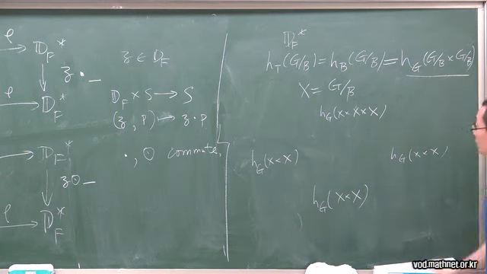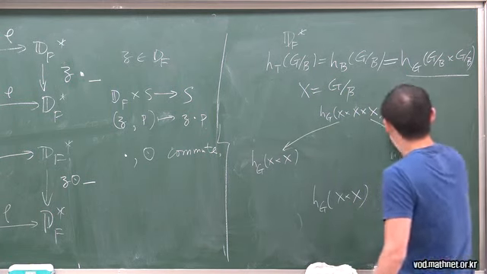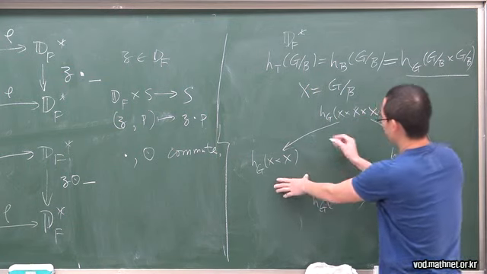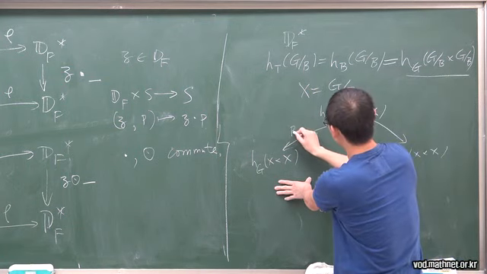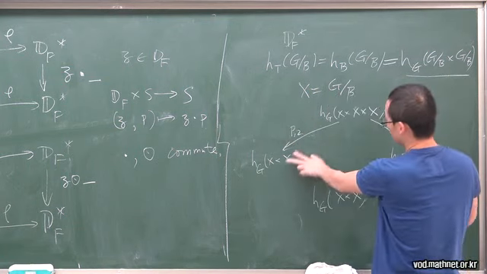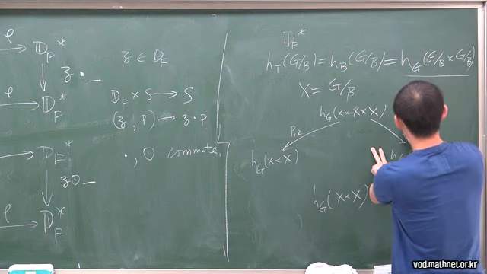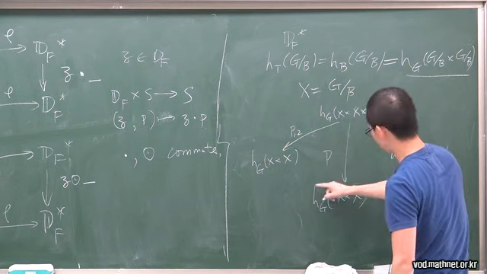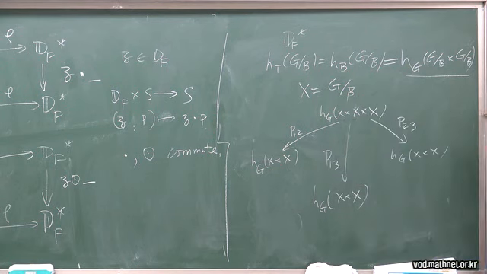So what you can do is the following. You can take the projection of the three copies of x over two copies of x. Let's say that's P1,2, projecting onto the first two copies, the projection onto the last two copies, and the projection on the first and the third one.